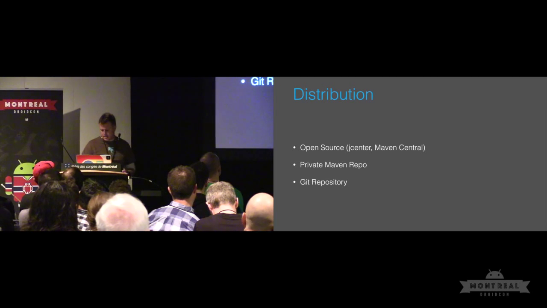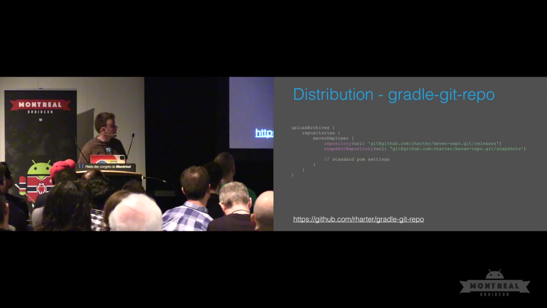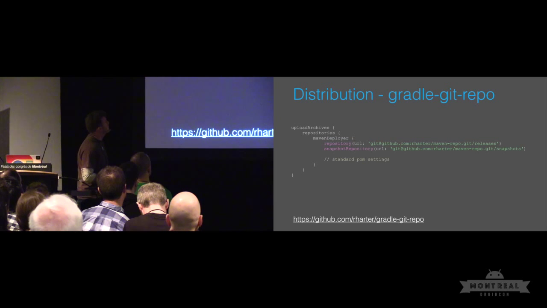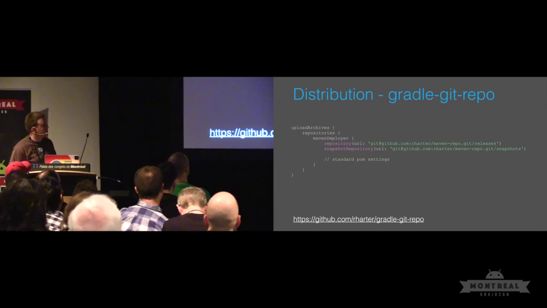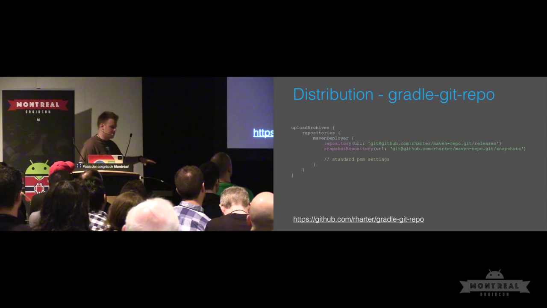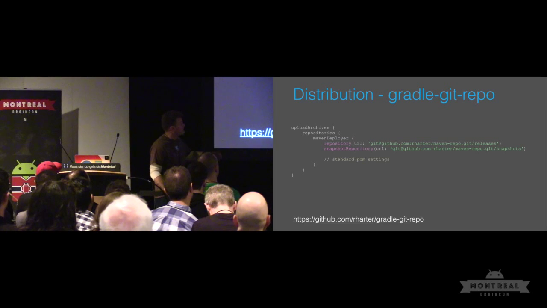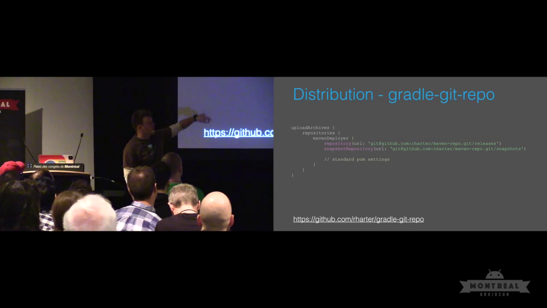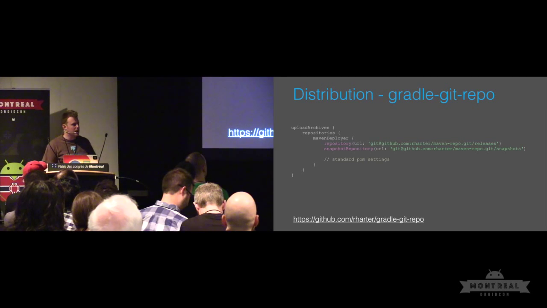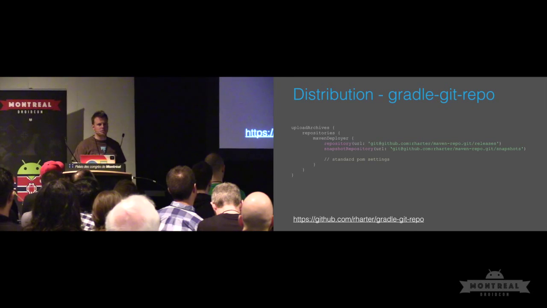You can also use Git, and the way that we do that, I've got a library that I wrote. It's super early stage, but it allows you to upload to a Git repository. So when you include this plugin in your Gradle build file, all you have to do is set the URLs to be Git SSH URLs, and that'll take care of deploying to your Git repositories.